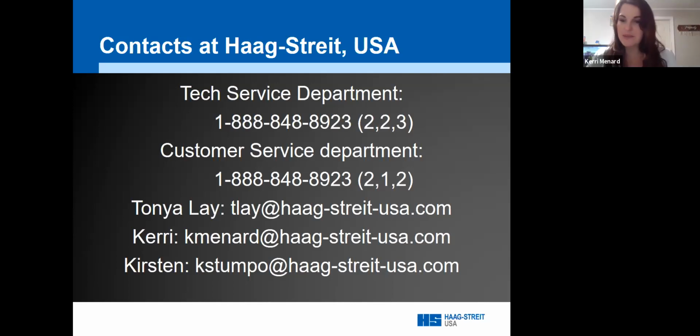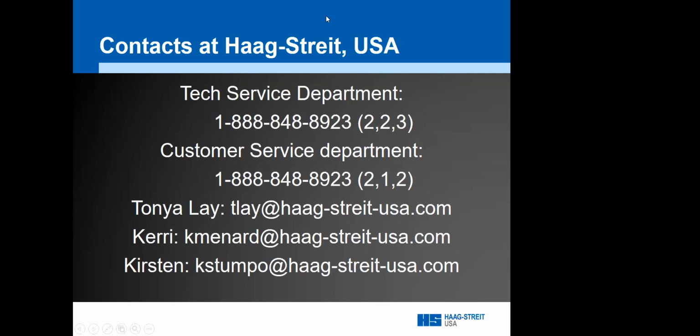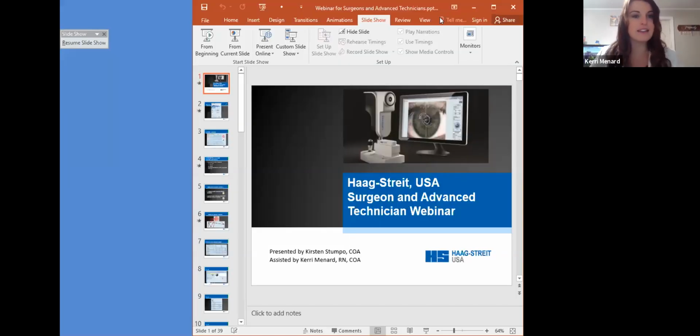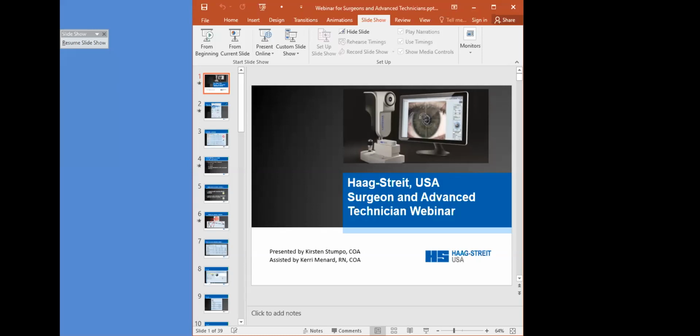Okay, so Kirsten, can you hear me? I can. Okay. So the first question I have is, should I add the standard retinal thickness value to my immersion A-scan axial length when entering it into the Lenstar? Interesting question.